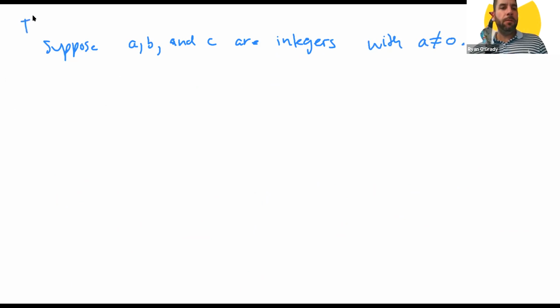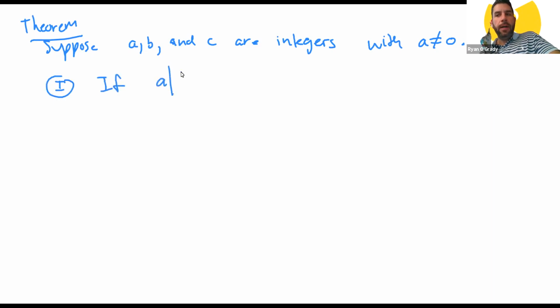This is an important theorem, so we might as well state it as such, and we're going to ask you to prove parts of it for homework. There are 3 things that happen here. Number 1, if A divides B and A divides C, then A must divide their sum.